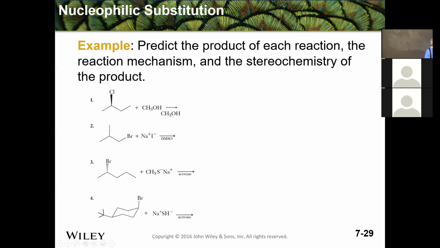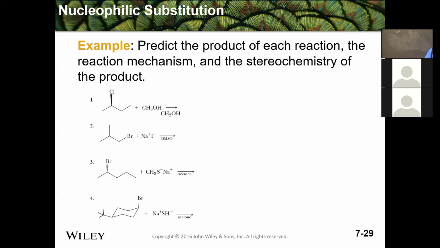See, this carbon, the carbon with the bromide on it, is directly bonded to just one other carbon, so it's primary. So right away, that tells us it's not going to be SN1. It has to be SN2.